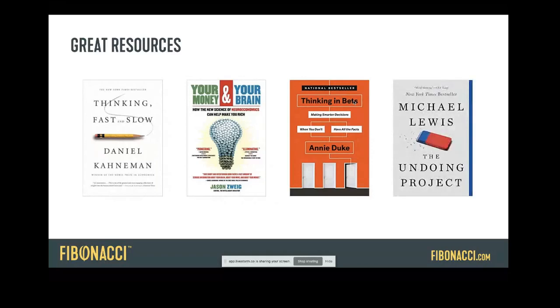And then Michael Lewis's The Undoing Project. So I want to throw a few out there in the event that you're interested in behavioral economics, because I do think that they support the case for why Fibonacci is so significant in technical trading. So with that, let me stop sharing my screen here, turn it back over to Jake, and appreciate your time.